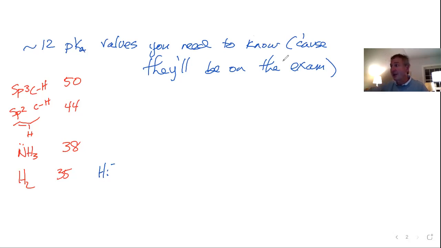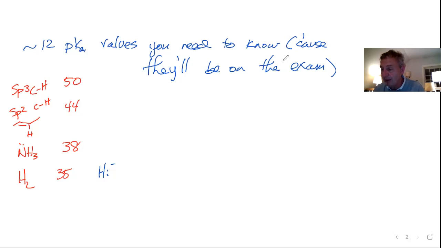Think of it as something else has a pKa of 20, and this is the conjugate base of something with a pKa of 35. It's going to steal that proton from the pKa of 20 because that doesn't hold it as strongly. It's more acidic. So hydrides are really powerful and useful.